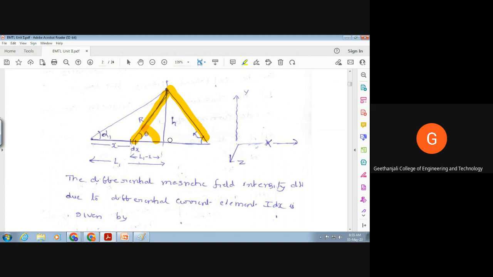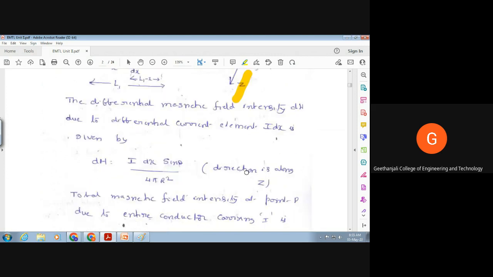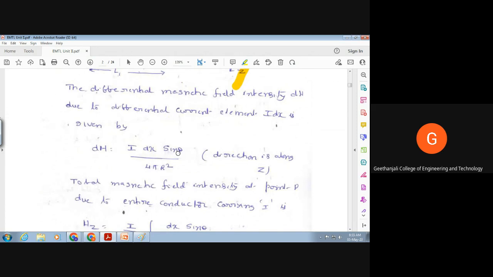So when I turn the screw from dx to r in the anti-clockwise direction, the screw progresses along that direction. That is the direction of the magnetic field intensity. So dHz is given by I dx sin theta by 4 pi r square, or dH is equal to I dx sin theta by 4 pi r square, and the direction is along z.